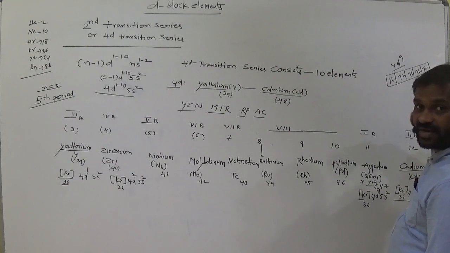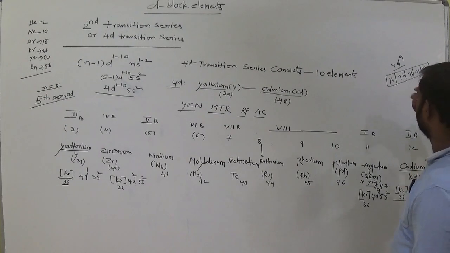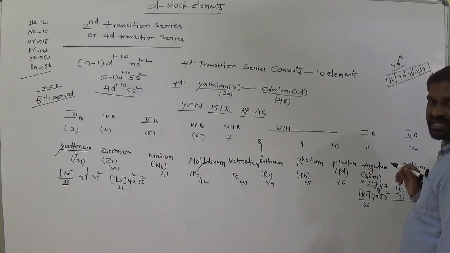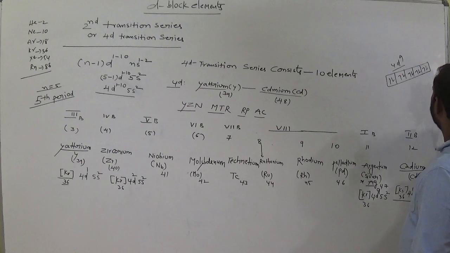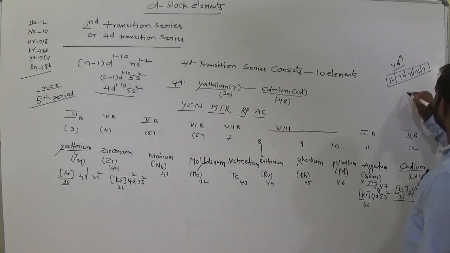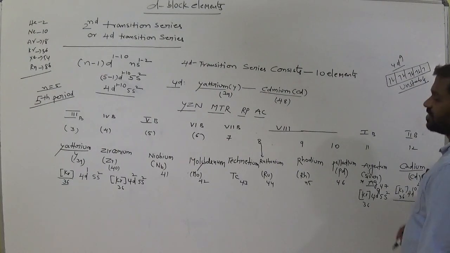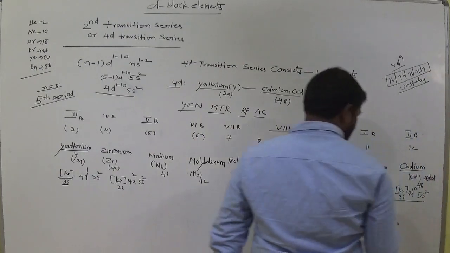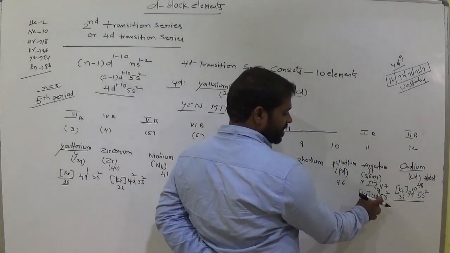Suppose it is 4d10, then it becomes highly stable. So 4d9 is unstable here. In that particular case, one electron is shifted to the d.